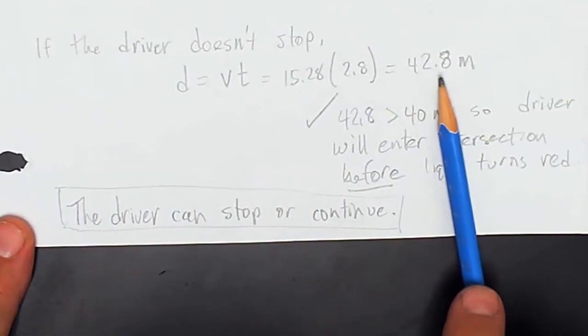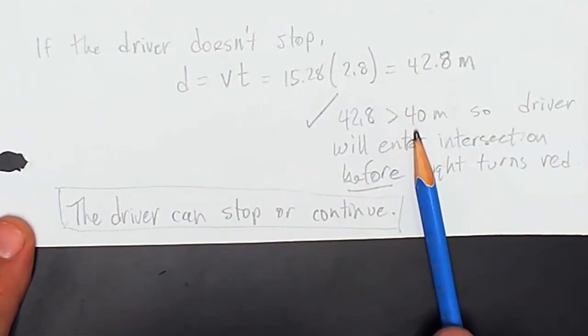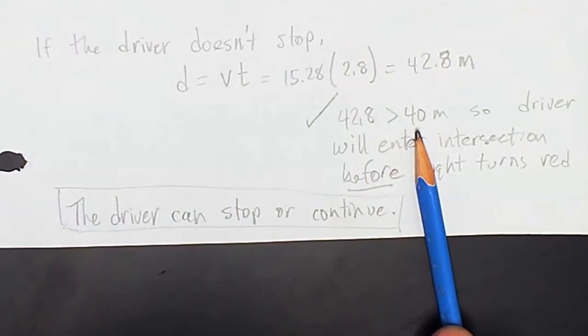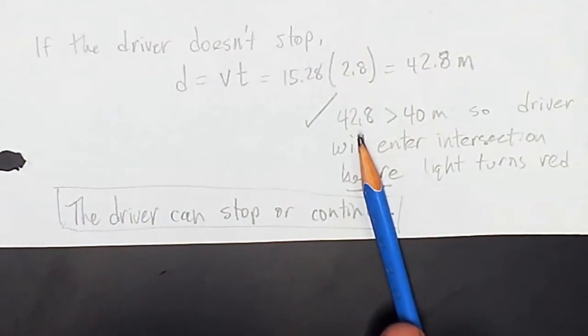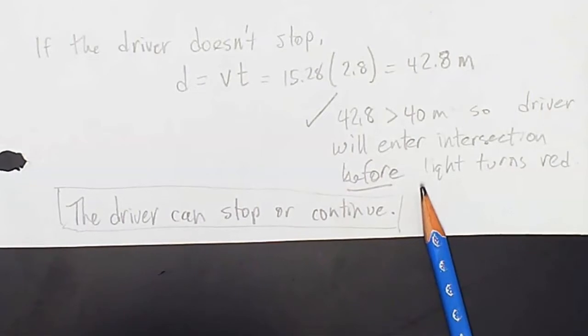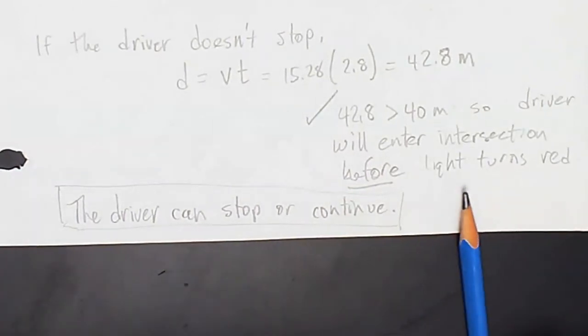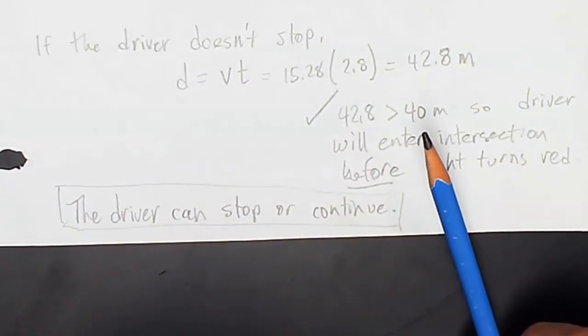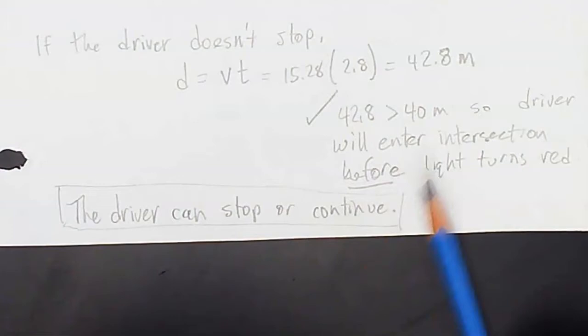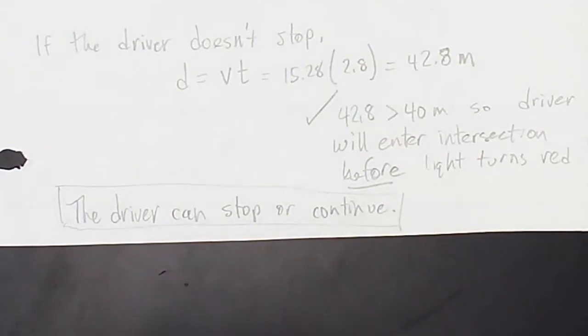And we see that that number is larger than the 40 meters it was to the intersection from when the light first turned yellow. So I will have traveled far enough to be in the intersection when the light turns red. So I'm good. I could have either continued or stopped, and I would have been fine in either situation.